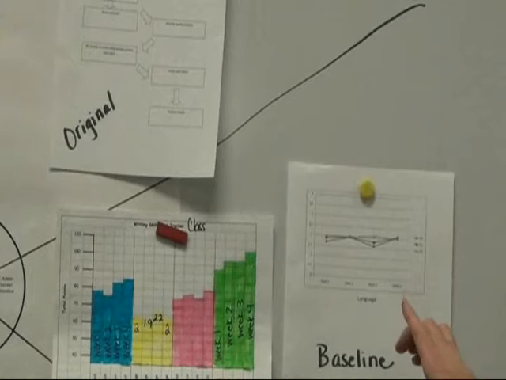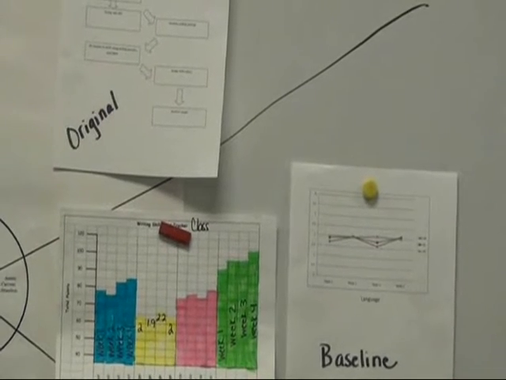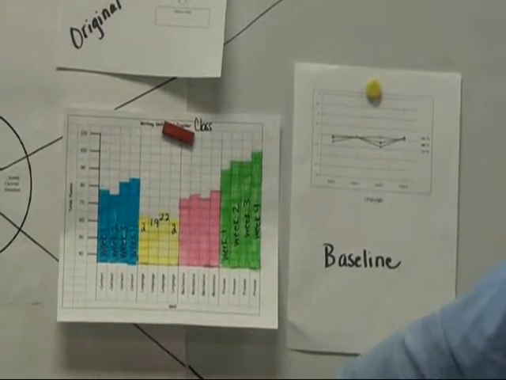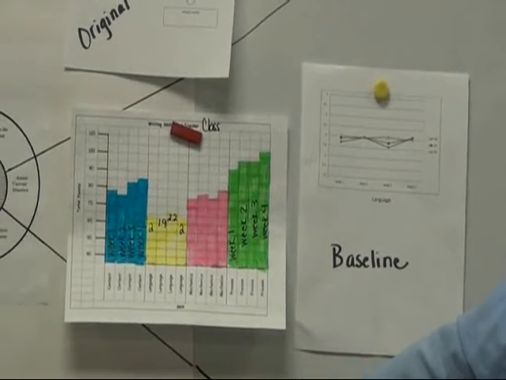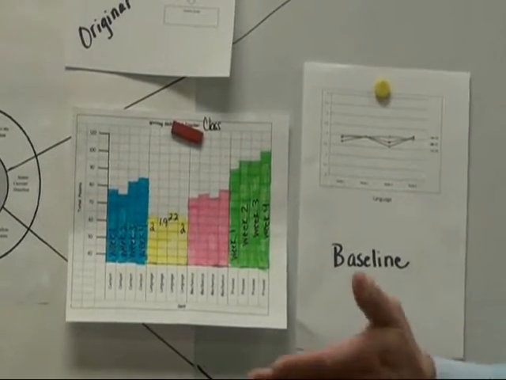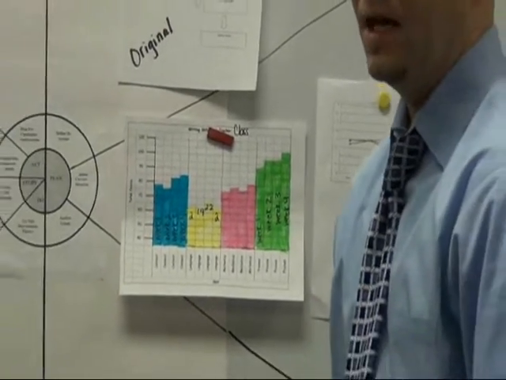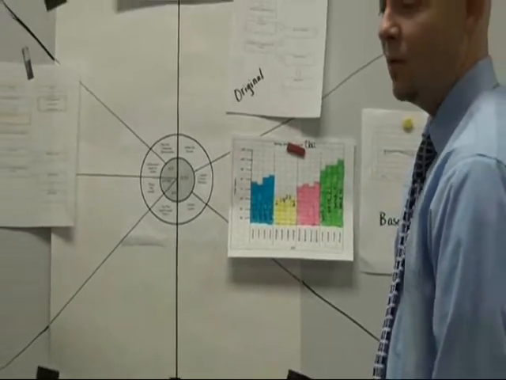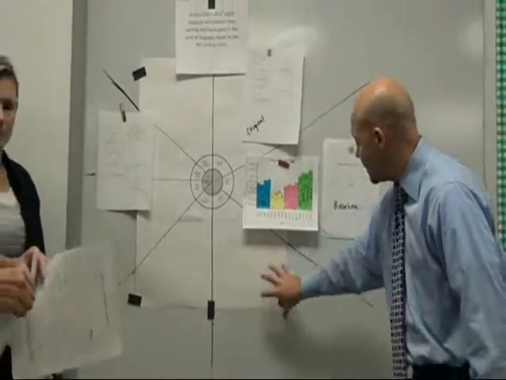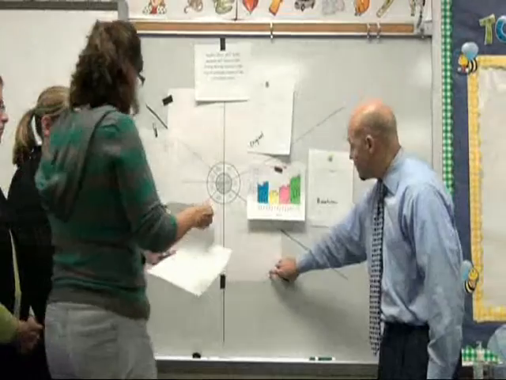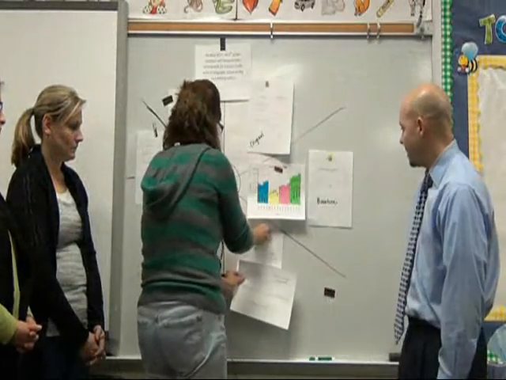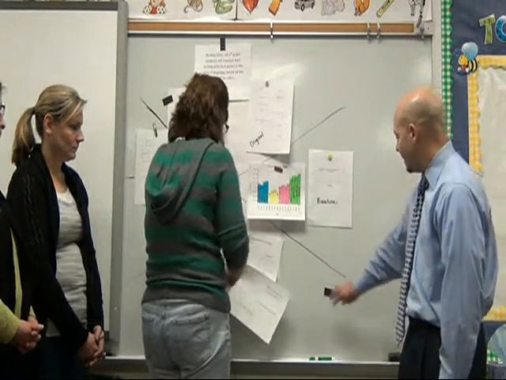But before we wanted to do something different in our system, we used some tools that would help us get to root cause. Those were the cause and effect diagram and the relations diagram. Deanne, do you want to take those and place them in this quadrant of the PDSA circle, analyze cause.